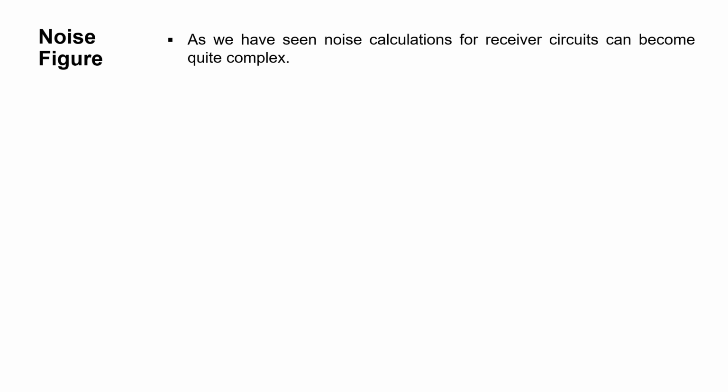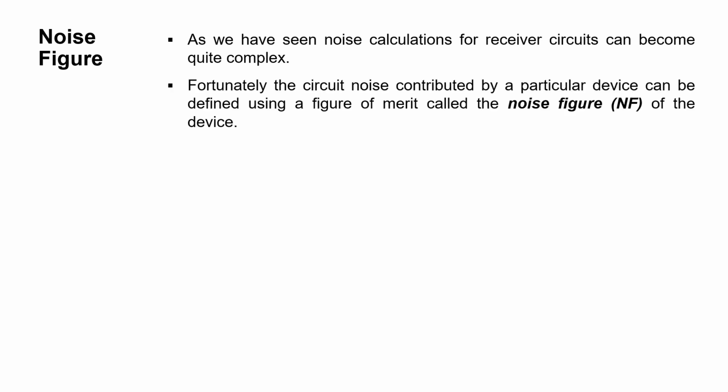As we have seen, noise calculation for receiver circuit can become pretty complex. Fortunately, the circuit noise contributed by a particular device can be defined using a figure of merit called noise figure of a device. So noise figure is a general definition that you will see in many data sheets when you are working in a company and trying to develop communication devices.